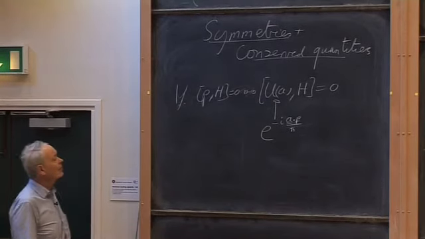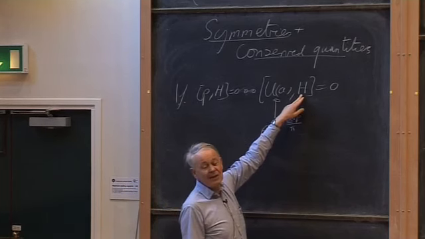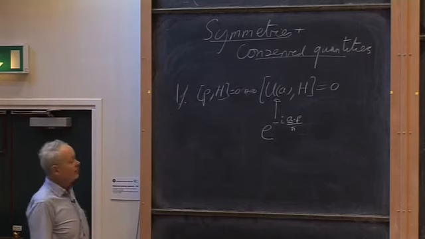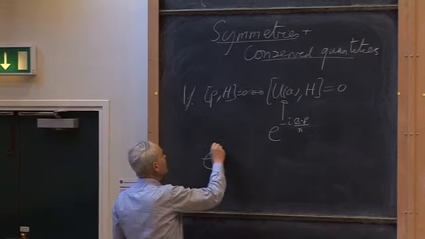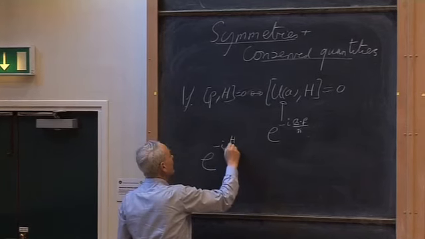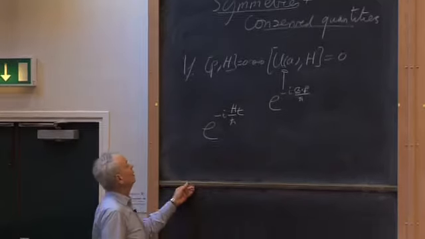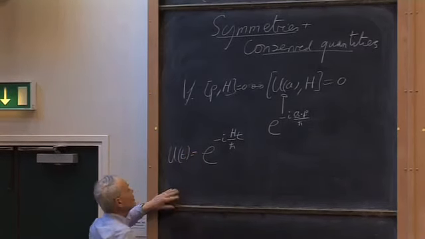Now what does that tell us? To see, we have to think about the unitary operator associated with H, because H is an observable, and it's associated with a unitary operator, e to the minus i H t upon h bar, which we're going to call U of t. What's this operator?